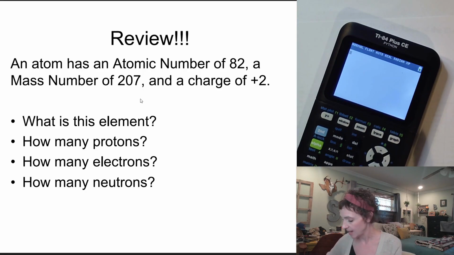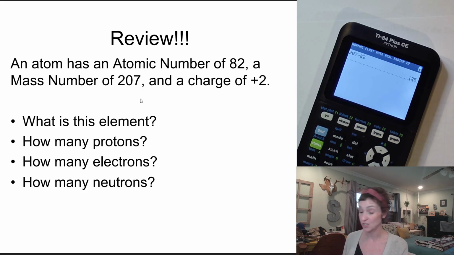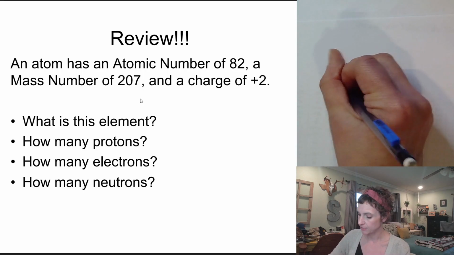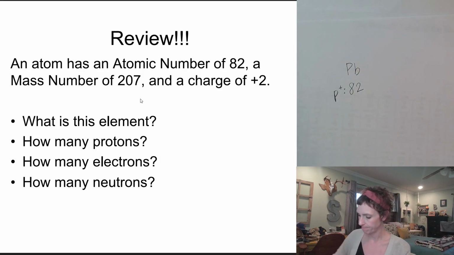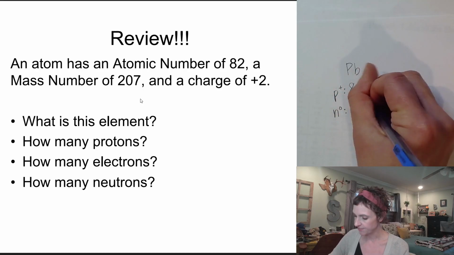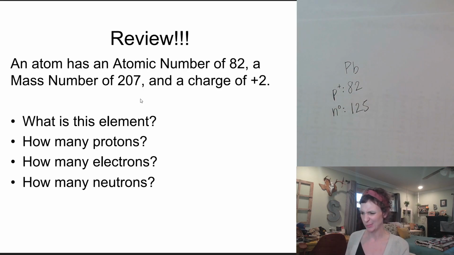And do not feel bad, I totally use my calculator for most things, even if it is simple adding and subtracting. And my calculator is telling me that we have 125 neutrons. So my protons were 82, my neutrons were 125. And I did this a little bit out of order, but that is okay.